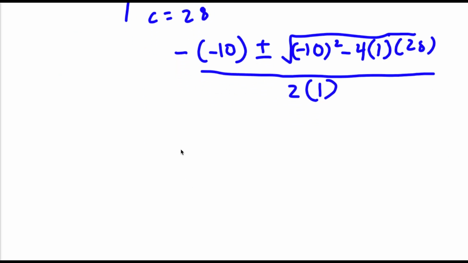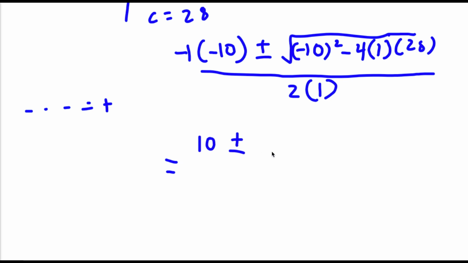Now, if I simplify this, a negative of a negative is always going to be a positive, because remember, a negative number times a negative number is equal to a positive number. You can think of this negative as negative 1. So it's like negative 1 times negative 10, which is positive 10.